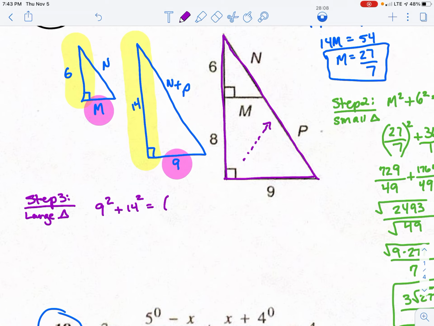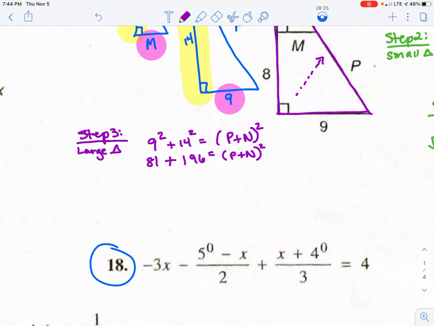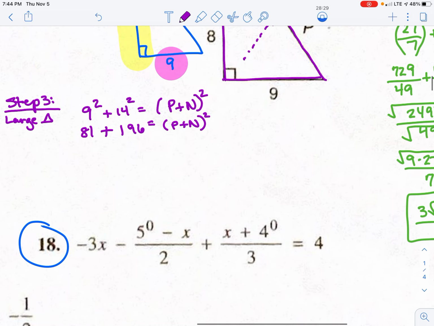And so that side is going to be p plus n squared. All right. So we have 81 plus 196 equals p plus n squared. This is going to get lengthy. All right, so I'm going to have 277 here equals p plus n squared.